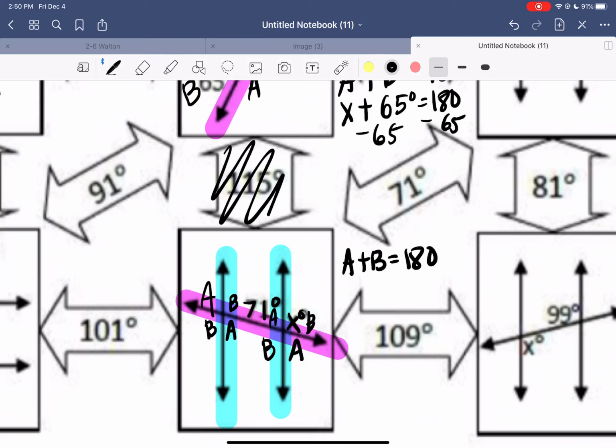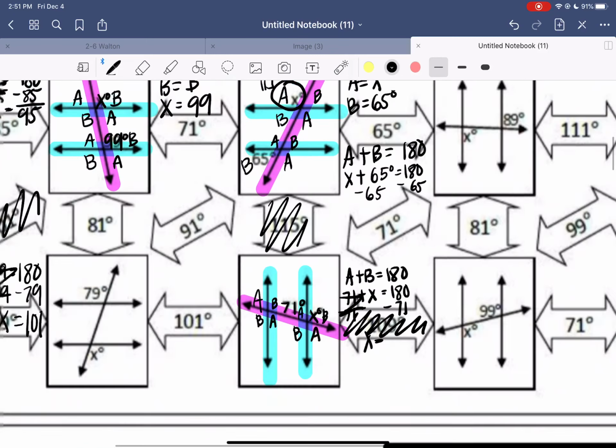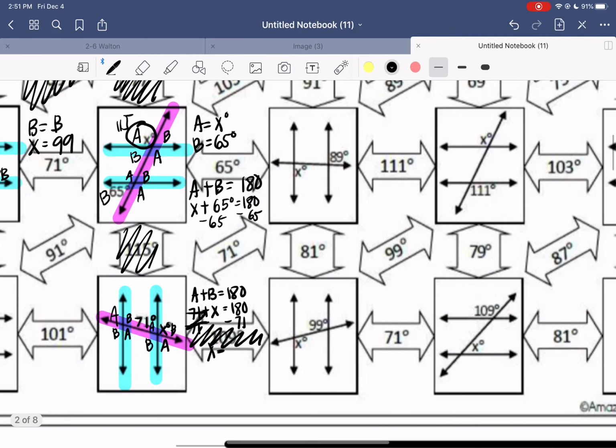So we know that A is 71 plus B is X. So we will then subtract 71 from both sides, and we get X equals 180 minus 71. We get, look, there it is, 109. All right.